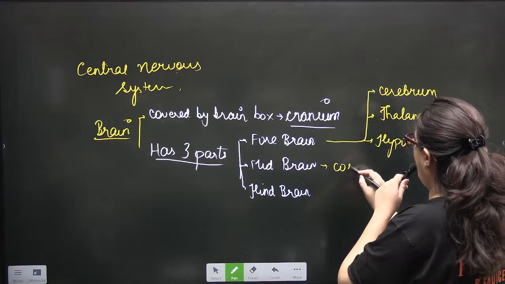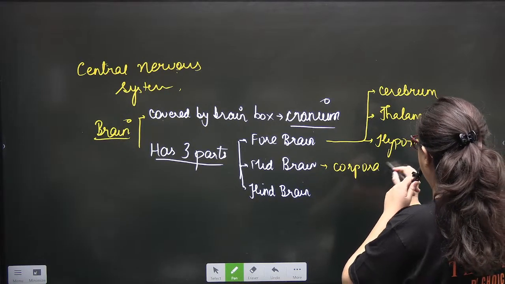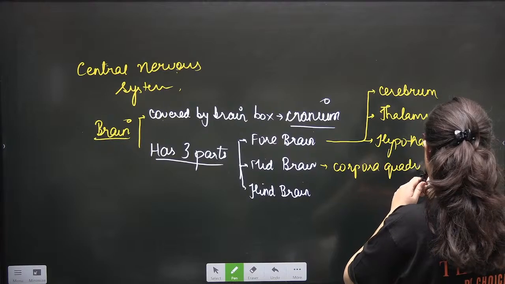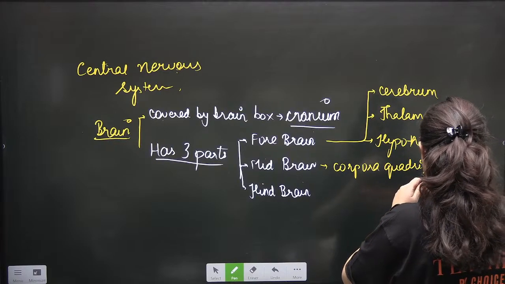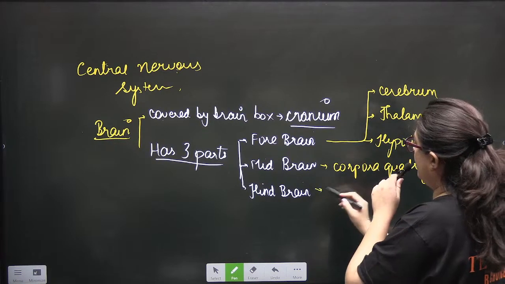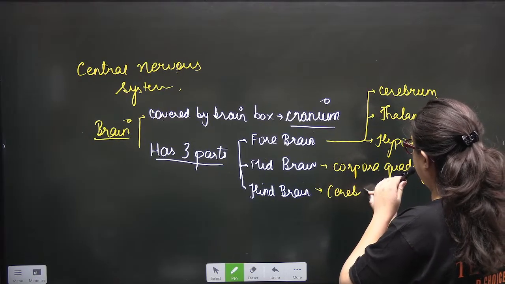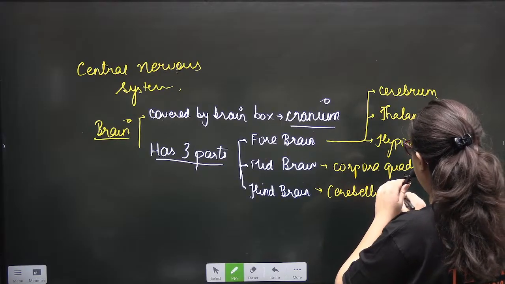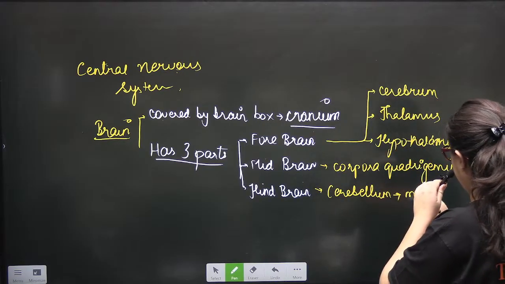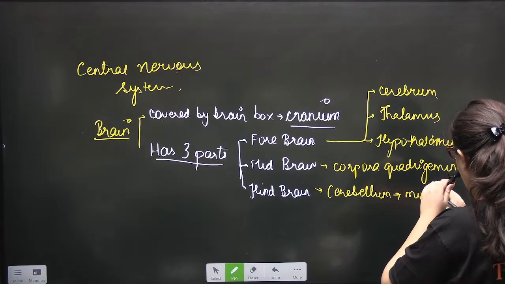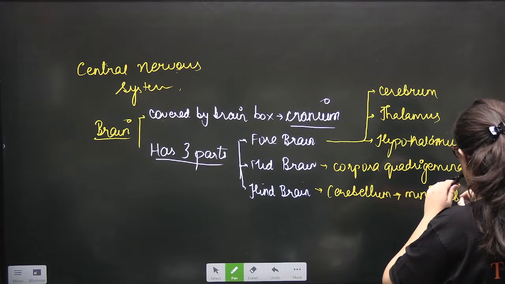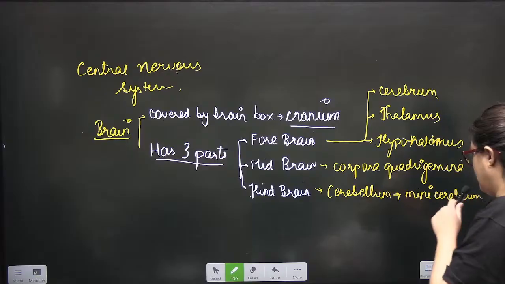The midbrain is related to corpora quadrigemina, and the hindbrain has the cerebellum, which is a miniature cerebrum. In Hindi it is called chota dimag. Done.